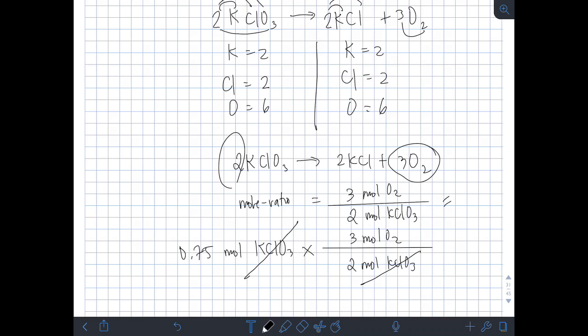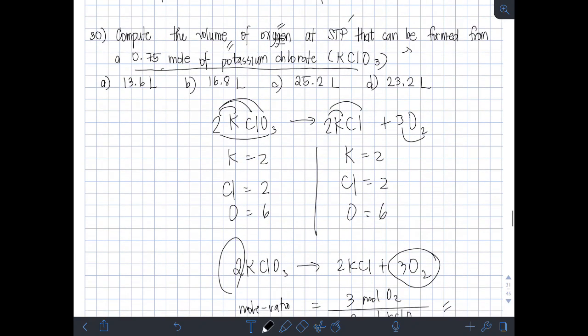Matitira is mole nung oxygen. So, kung meron tayong 0.75 mole of KClO3, mamultiply natin to sa 3/2 para makuha yung equivalent na mabubuong mole nung oxygen. So, ilan yan? So, number of mole nung oxygen is 1.125 mole of oxygen.